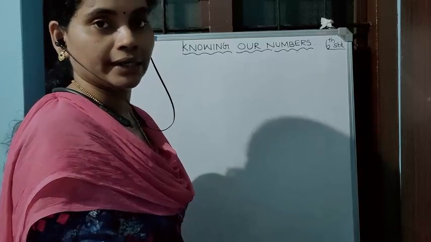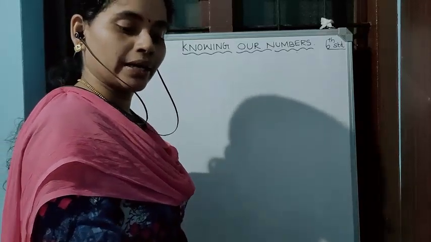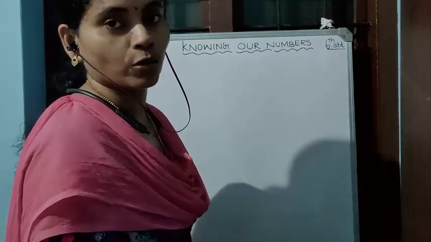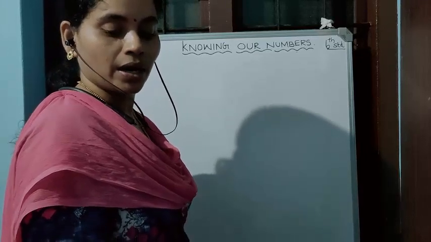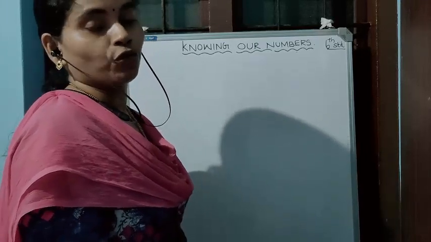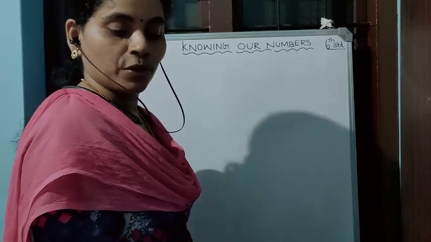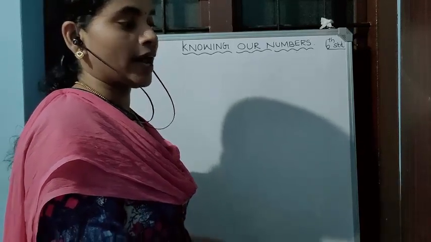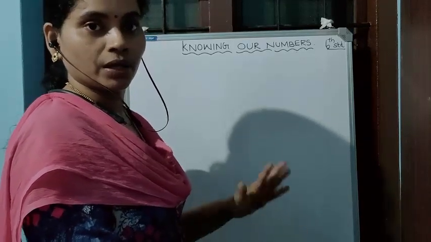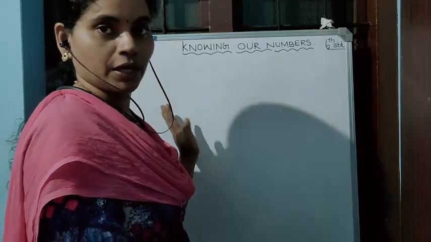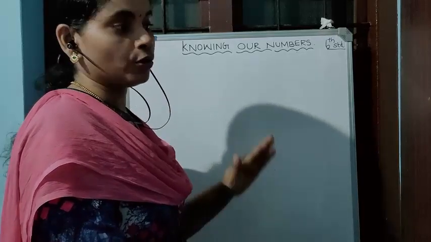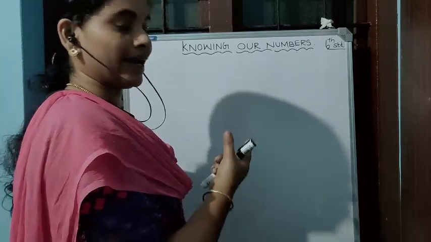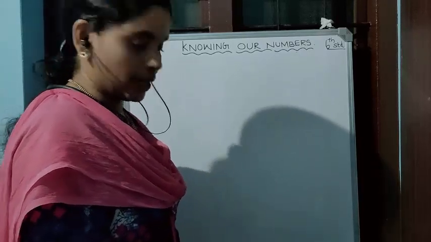If it is 100, you check the tens digit number. If it is 1000, you check the 100 place number. If it is 5 or greater than 5, you add plus 1 to the next number. If it is less than 5, you avoid that number and write down the other number itself.